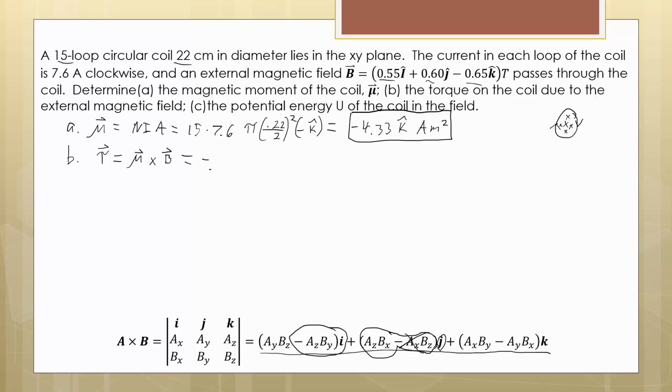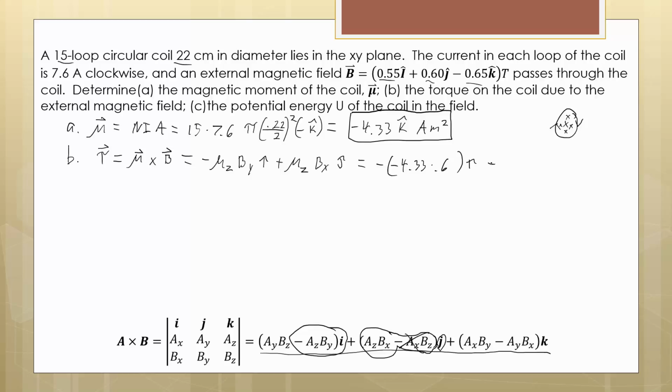It's going to be negative mu z by times the I hat direction, plus mu z bx in the j hat direction. We can go ahead and plug in some numbers. That's going to be a negative out front, and then we've got a negative 4.33 for our magnetic dipole moment times 0.6.